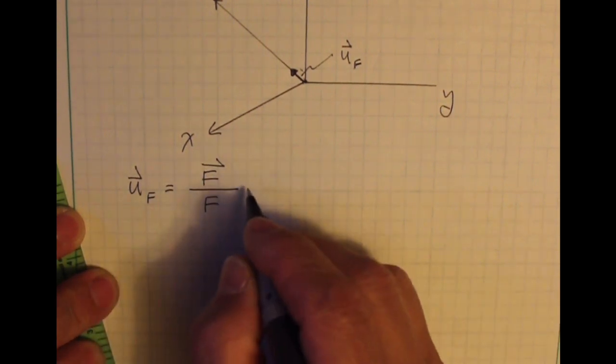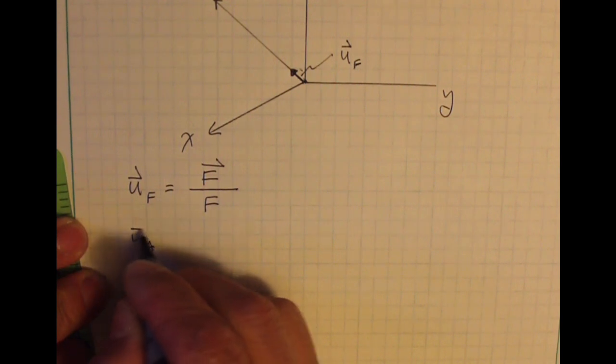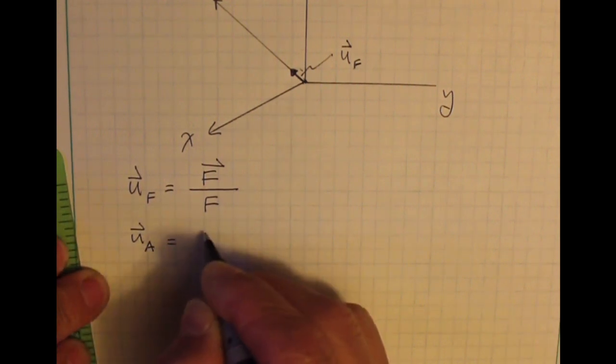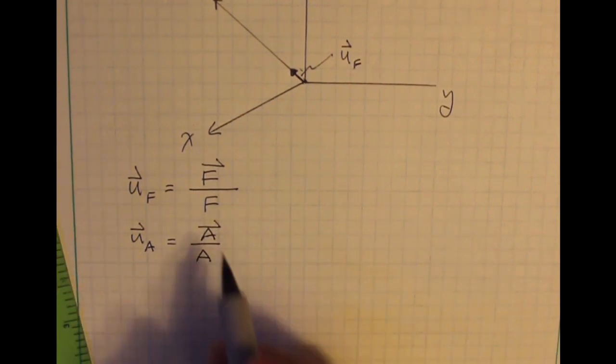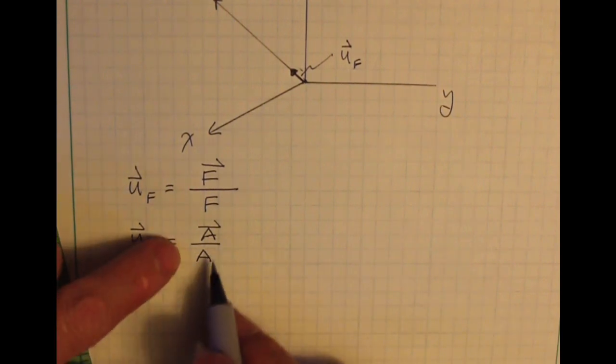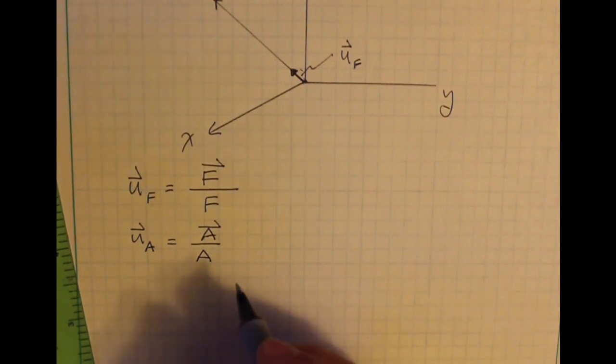Now, if you look in your book, they use an example force of force A. So they say it's the force vector A divided by the magnitude of A. But it doesn't matter. The numerator has a force vector. The denominator is the magnitude of that force vector.